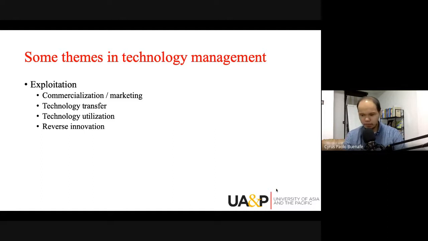And when we talk about exploitation, we talk about other topics like technology transfer. So somebody developed the technology. So who learns the technology? How do you actually get the knowledge of that technology? And technology utilization. So we try to find out how technology is utilized.